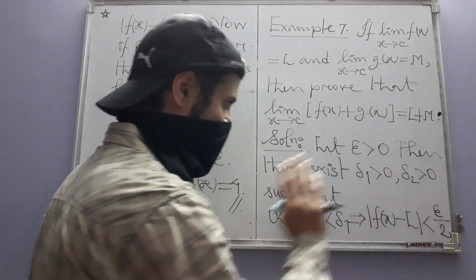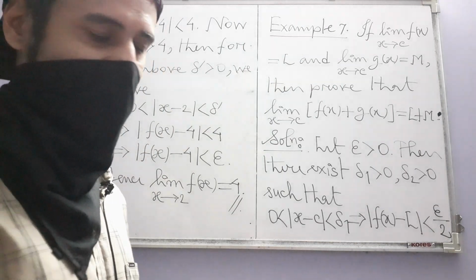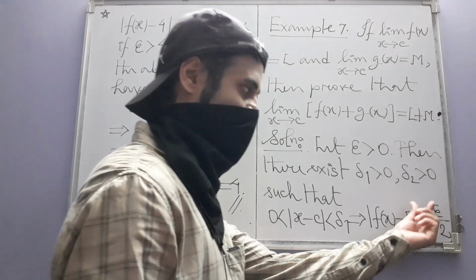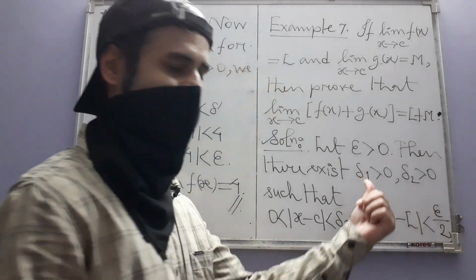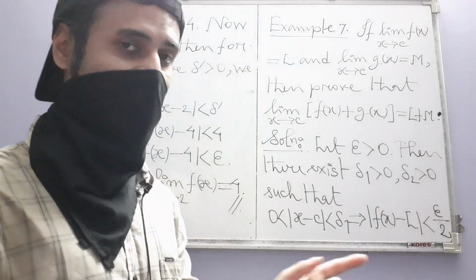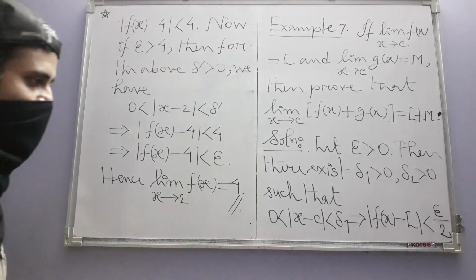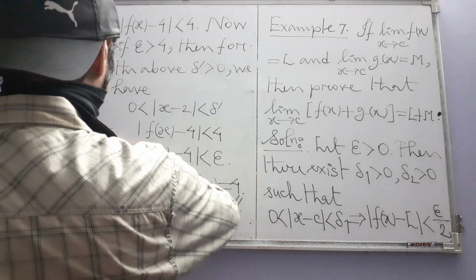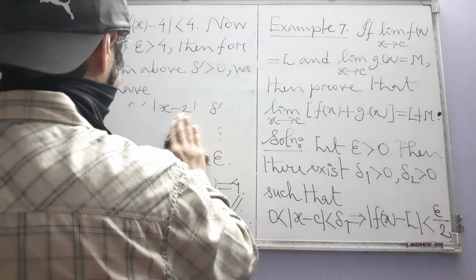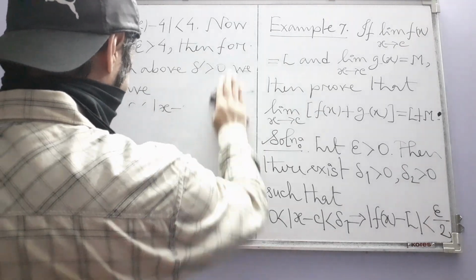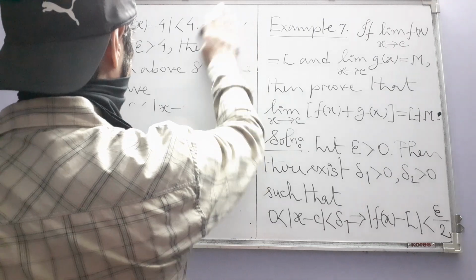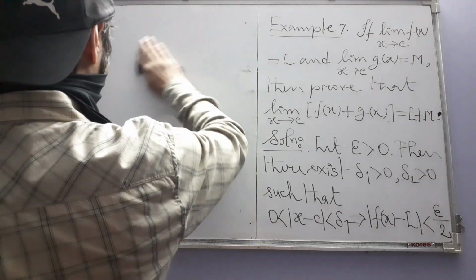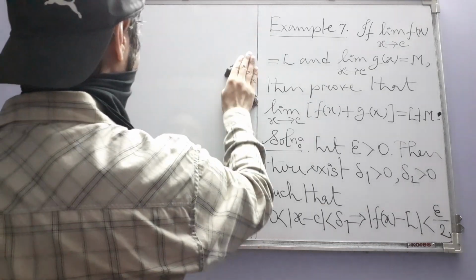So we can choose epsilon over 2 in place of epsilon, a new value of epsilon, say epsilon prime. For that epsilon prime also there should be some delta. Let delta 1 be one such delta. And the reason for this trick will become apparent now when we combine these things.